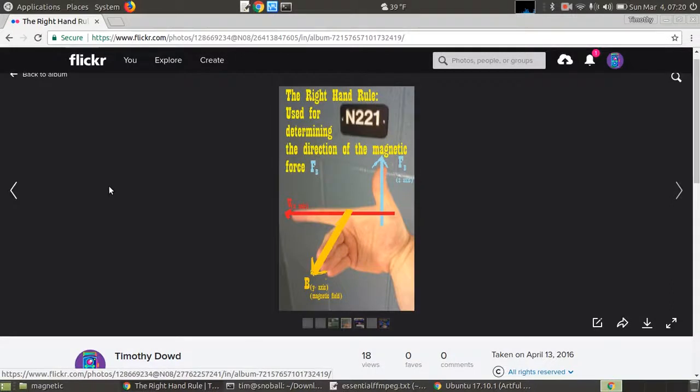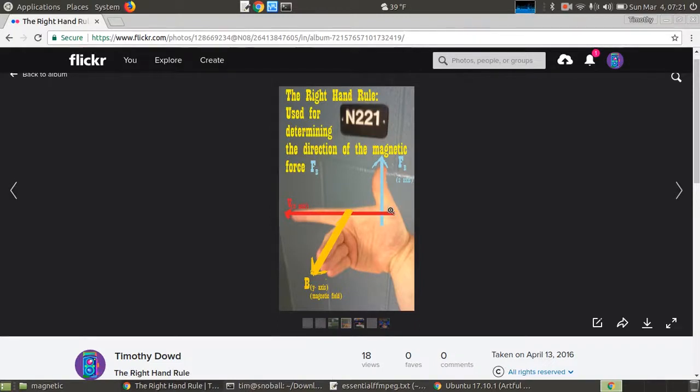So here's a closer look, and as you can see with my hand, the three things are pointing in all three dimensions, X, Y, and Z. And basically they're pointing in the positive direction in each axis. The way you remember it is essentially that it's written as F equals QVB, and F is your thumb, and then you look at the other side of the equation.